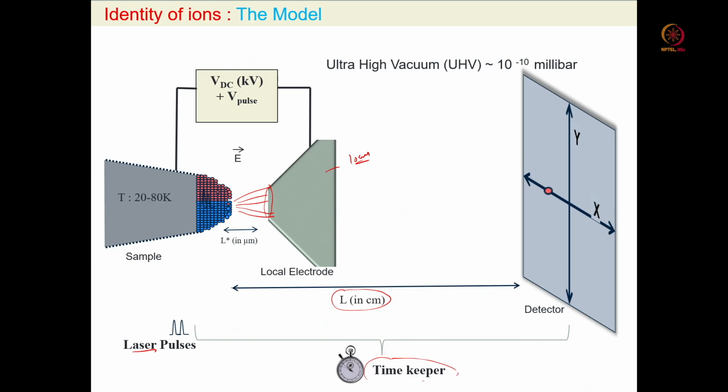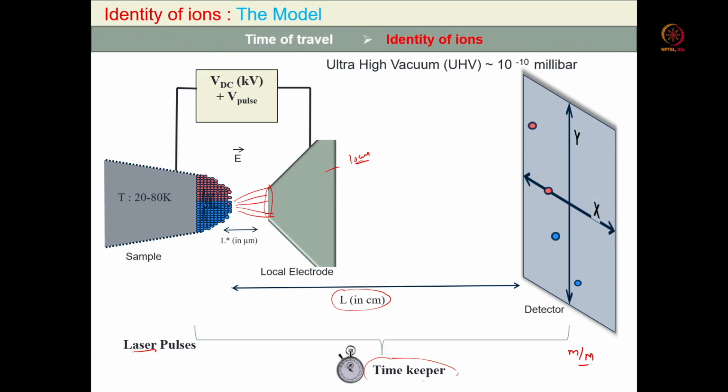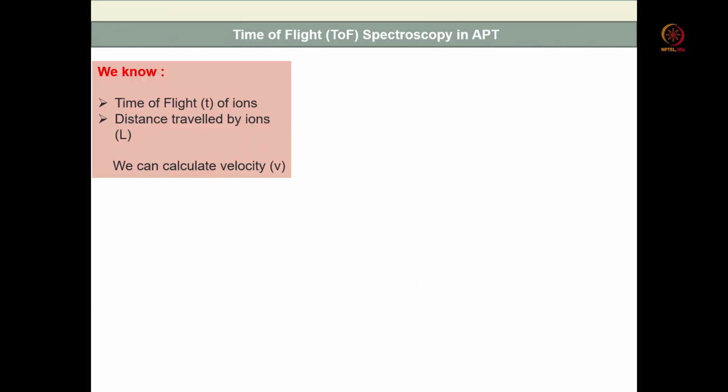Okay, similarly with another pulse, you will have another atom which moves much faster, meaning it must have a low mass to charge ratio, and it hits the detector. Fine. If there is another pulse, in this way you can measure the time of flight by using the time keeper, where we can distinguish these chemical species or atoms on the detector. Fine.